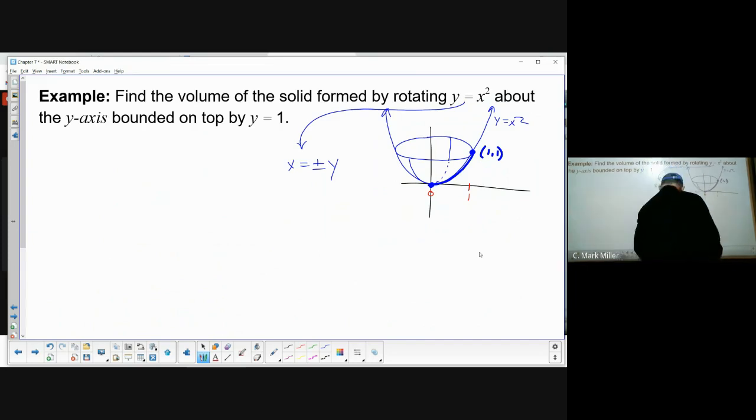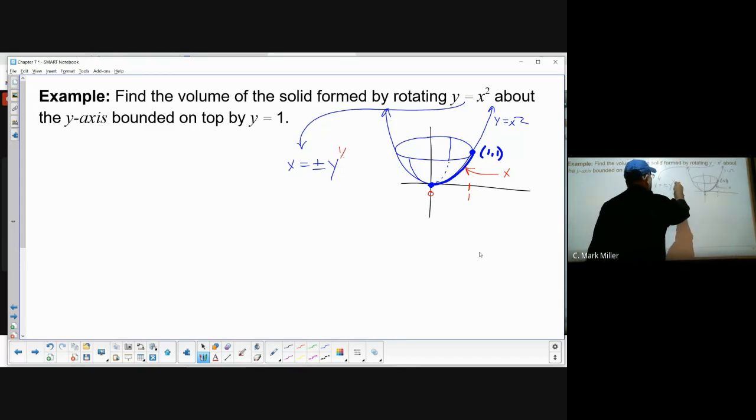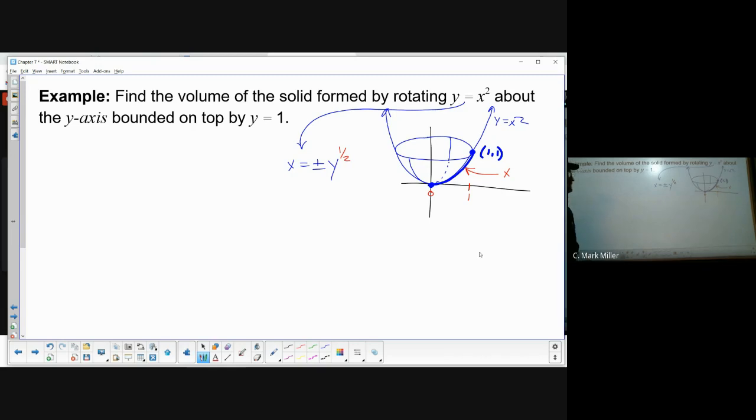So this curve here is x. Oh, you know what? Why do 1/2? You got to take the square root of 1. So x equals square root of y. So we're viewing this as a function of y revolved around the y-axis.